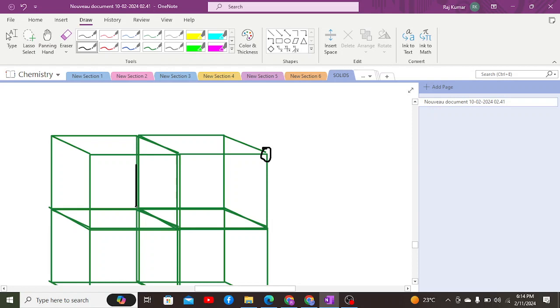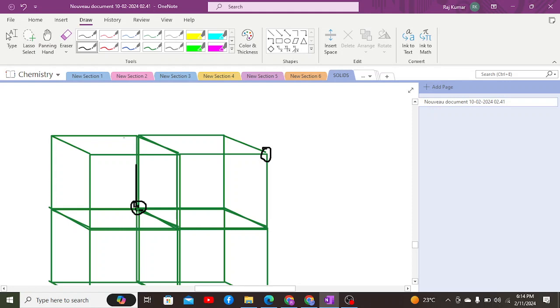This is the corner of cubic cell 1, second cubic cell 2, another cubic cell from this side 3, another cubic cell from this side 4, and another cubic cell's corner on this side 5. Because these are the four corners on the front side. On the front side we have got four corners.